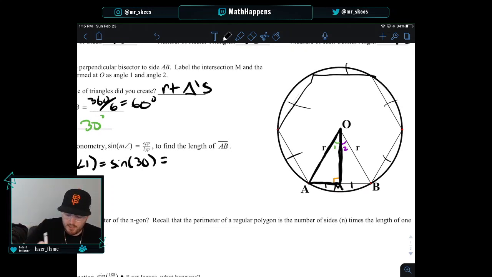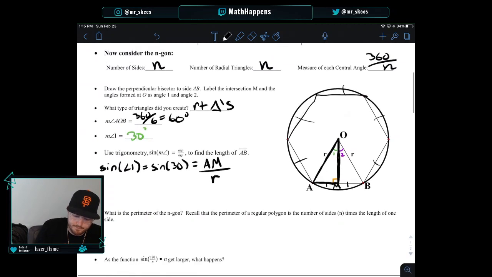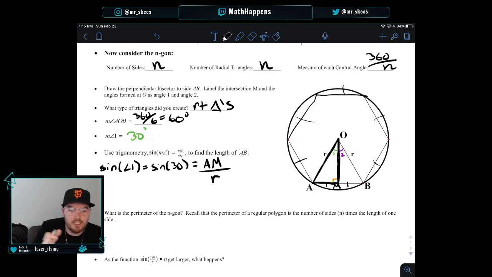If I'm focusing on that black triangle that I bolded, the opposite side is AM. And what is the hypotenuse? The hypotenuse is from O to A, which is the radius of the circle. So sine of 30 degrees equals AM over R.